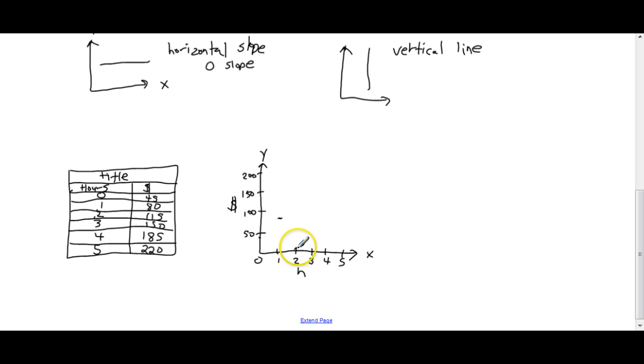2 hours, 115. The one thing I do know is that because all of these pieces of data are going up at a constant rate, okay, from here to here is $35 and 35 and 35, etc. And from here to here is 1 hour and 1 hour and 1 hour and 1 hour.